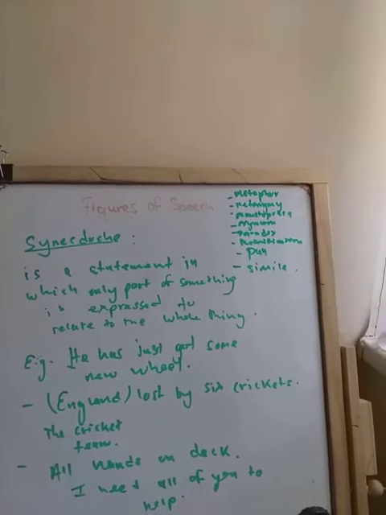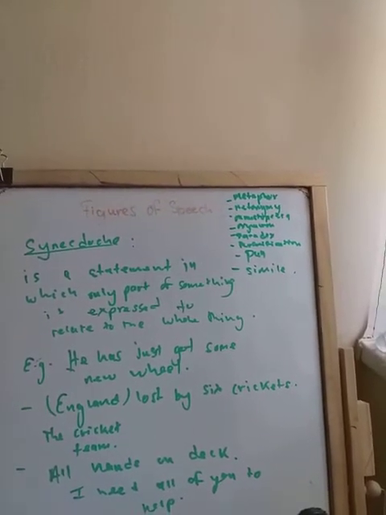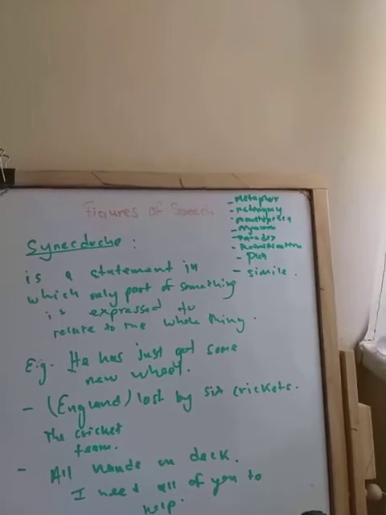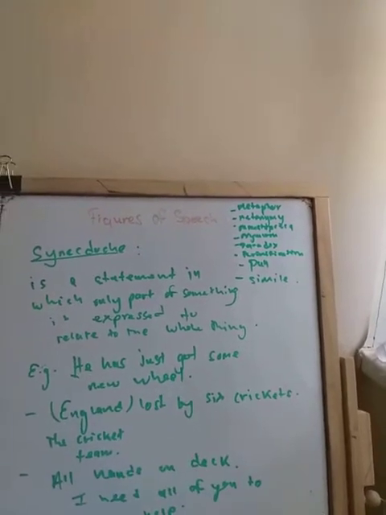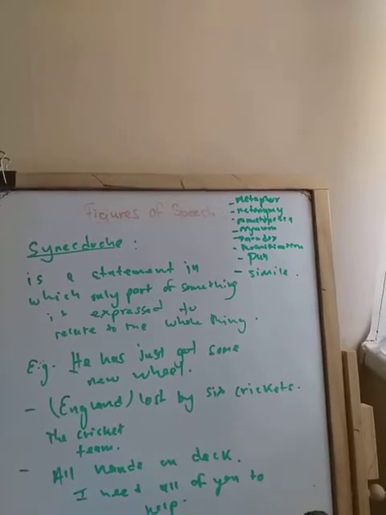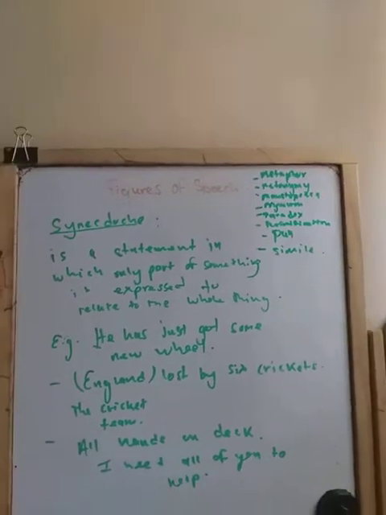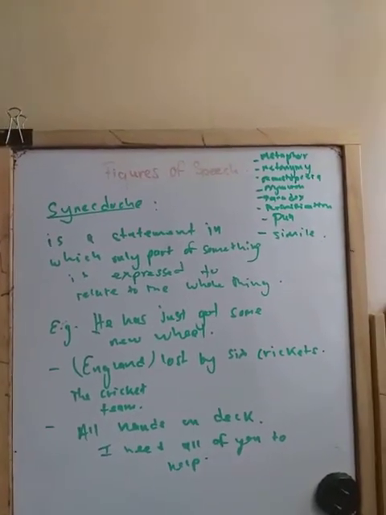Synecdoche, because we are not talking about the car, but we are only talking about some new wheel. It means that we already know that cars have wheels, and this is an association that we readily make in our head when we hear this.